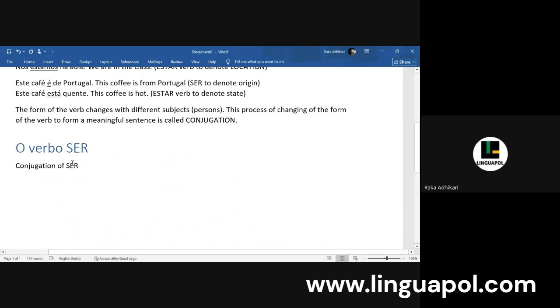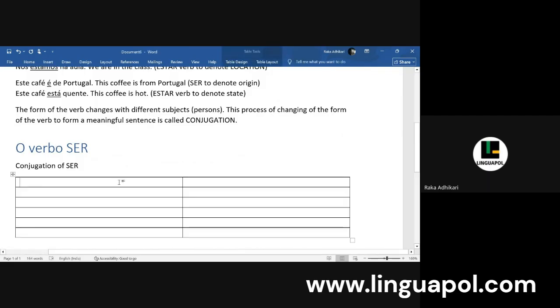Okay. So how do we do conjugations? Let us form a table like this. In the first column, we will write persons, or let's say pessoa in Portuguese. In the first column, we will learn about the person like I, you, he, she, all this. And in the second column, we will talk about the conjugation of the verb. In Portuguese, we will call it conjugação.